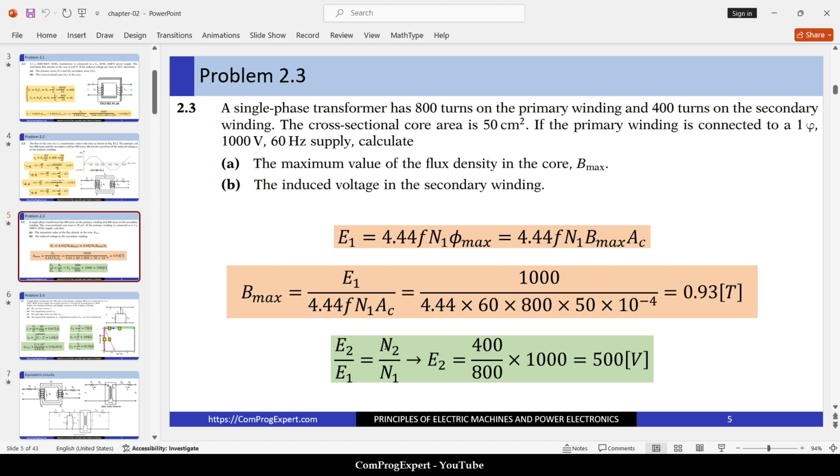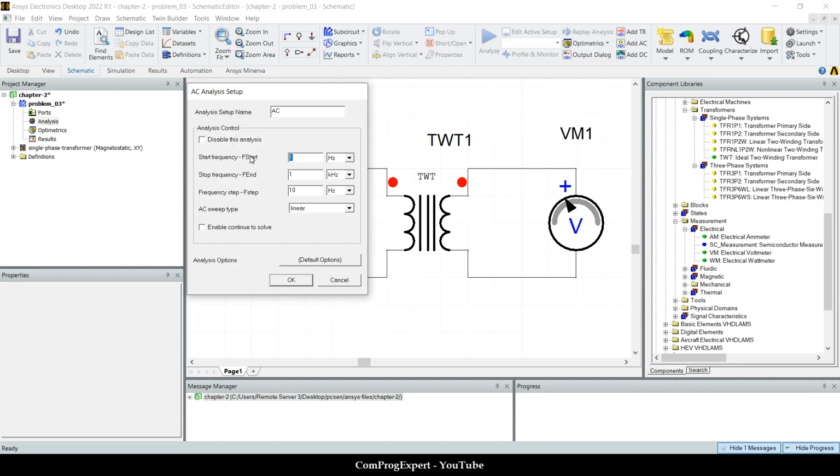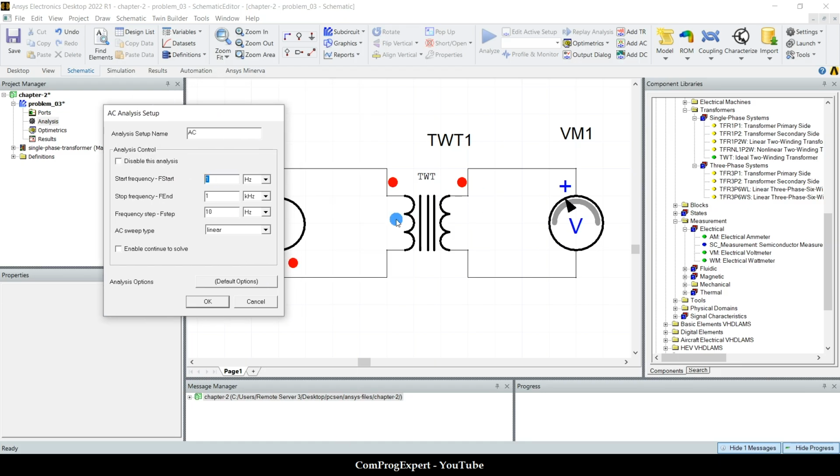Because for single phase or three phase transformers we have 50 hertz and 60 hertz in most of the problems in this chapter, I solve this circuit for these two frequencies, 50 and 60 hertz. The frequency step is 10.